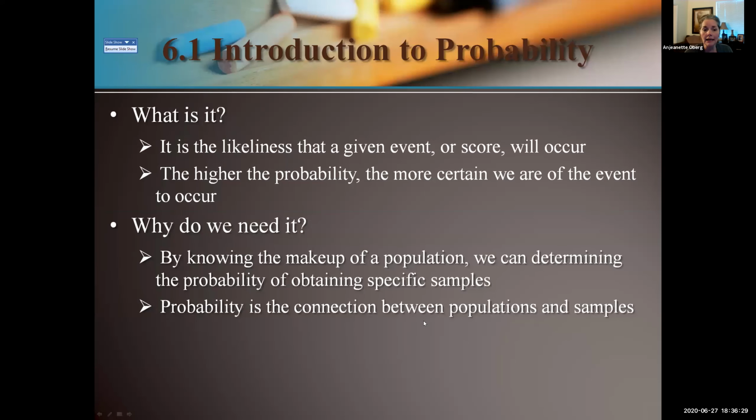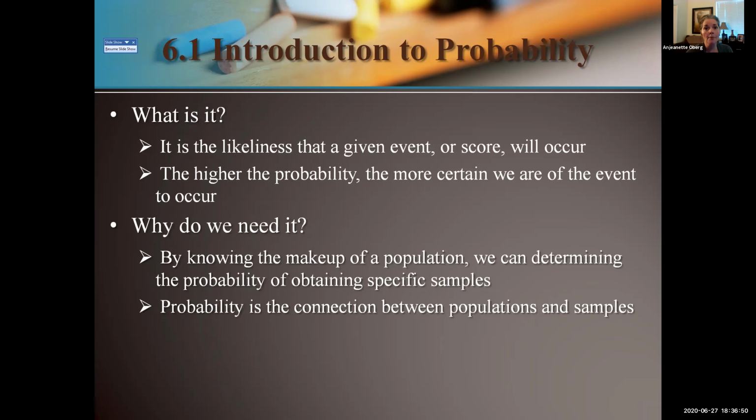So first of all, let's talk about what probability is. You've already really been introduced to the concept when we talked about z-scores and the normal distribution. Remember I said that 70% of the population falls within one standard deviation of the mean.